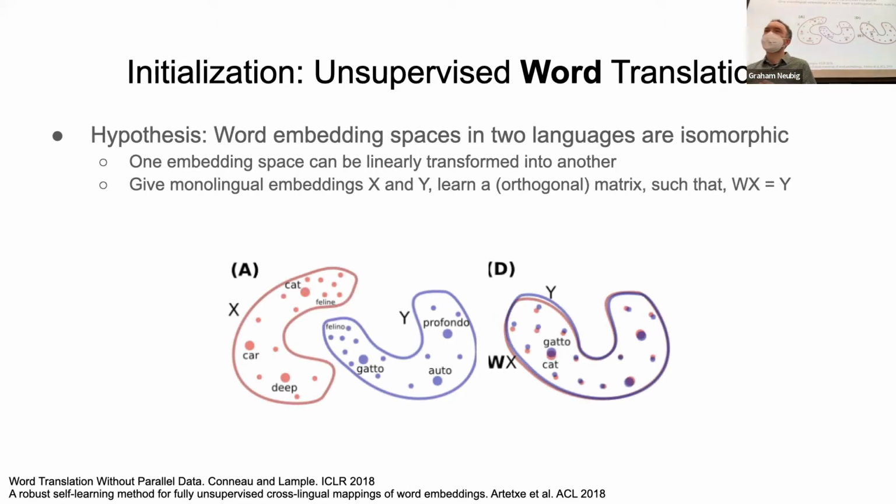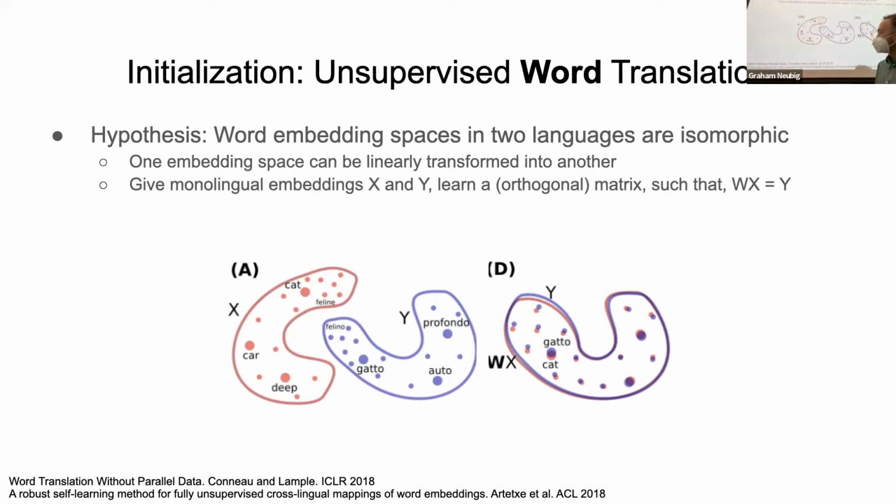I actually remember going to a presentation at ACL, I think 2016, where this method was proposed. And I was like, there's no way this could possibly work, because you're assuming that you embed words and then just transform them in some way and the distributional properties cause them to line up. In fact, it does work better than you would think it would.